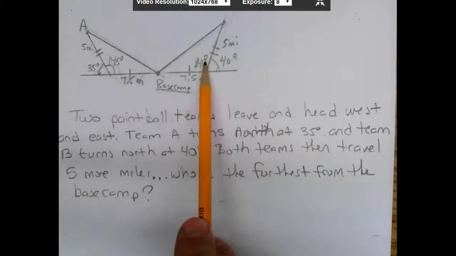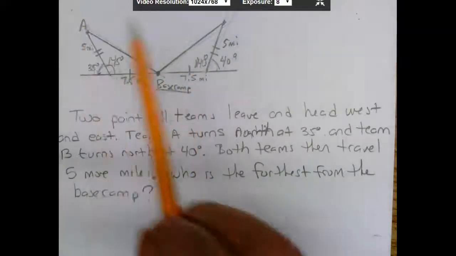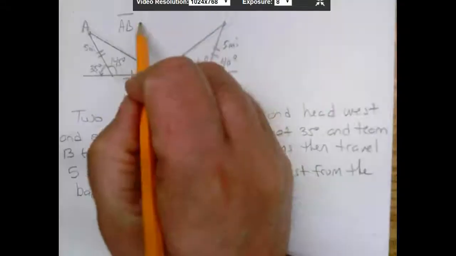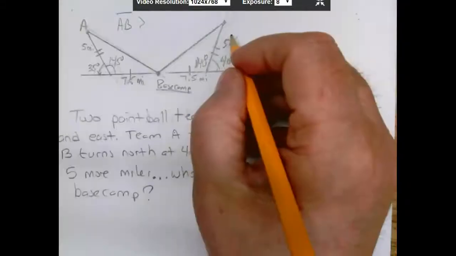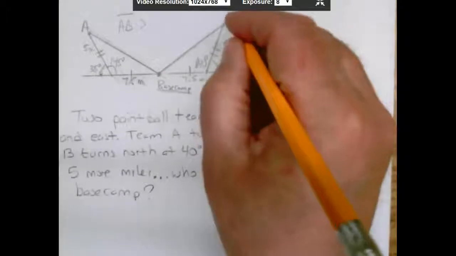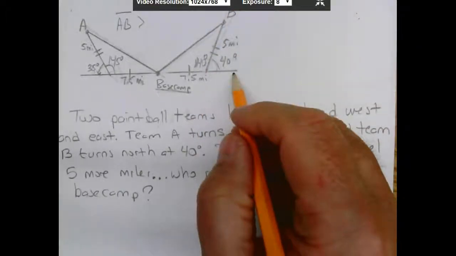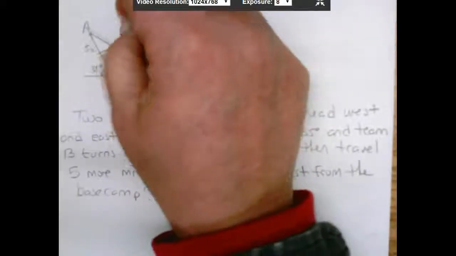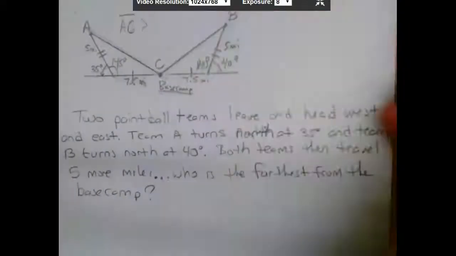Then we can say that side AB, we'll call this B, and we'll call this C actually, so we'll say AC is greater than BC.